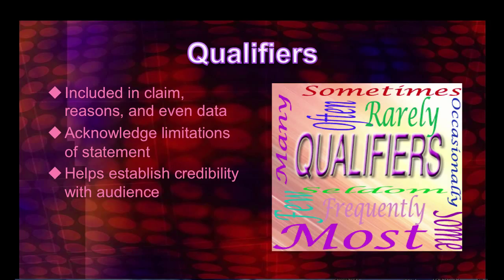If we are honest and we don't say that someone always does something, if we can pin that down to either they usually do it, they frequently do it, they sometimes do it, or they rarely do it, then we're limiting the scope of our statement in a way that makes the statement more honest. And it helps us establish credibility with our audience as writers and with people that we're dealing with on a day-to-day basis in our life outside of school.